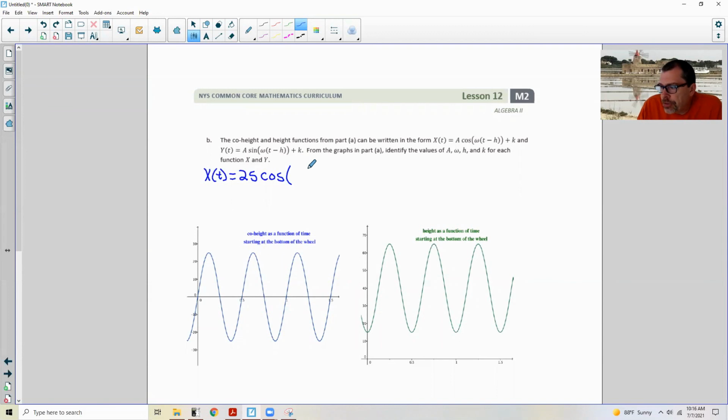So let's just list them first. A is going to equal the absolute value of 25, which equals 25. Omega is going to equal 4 pi.